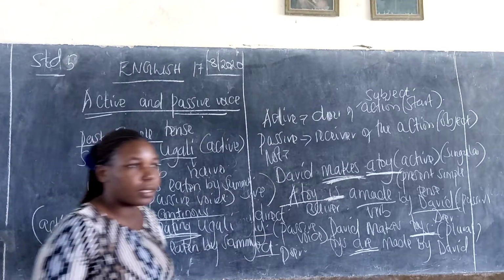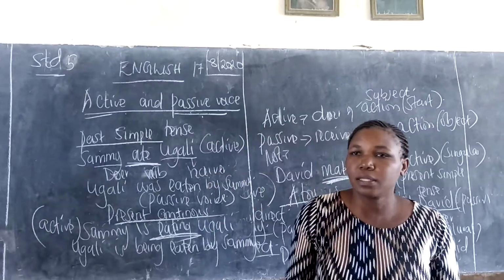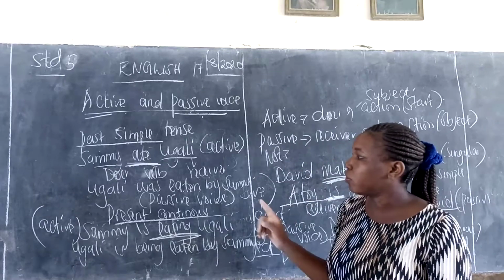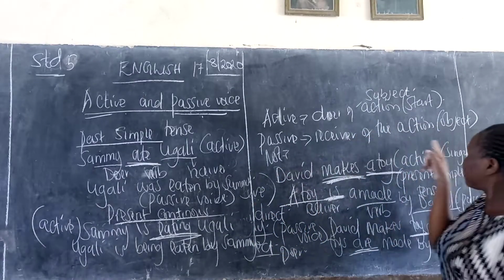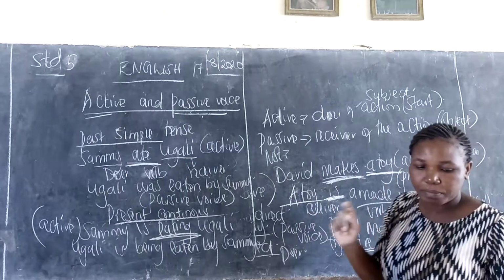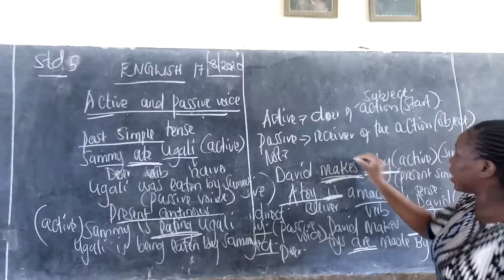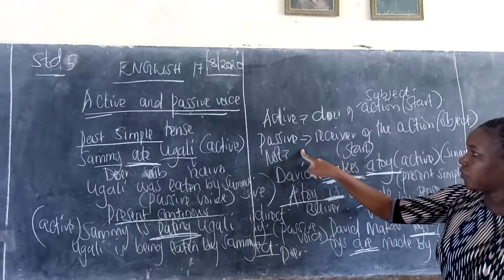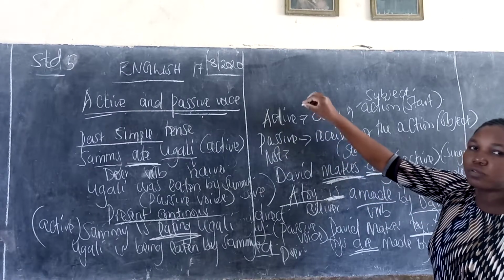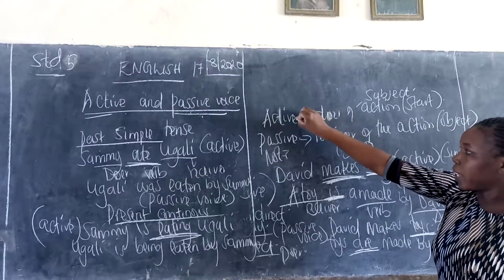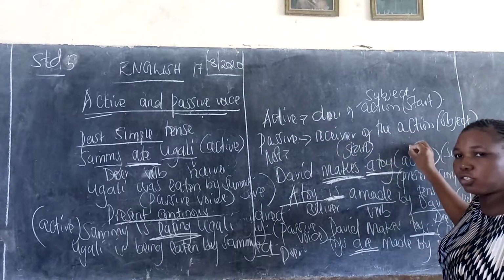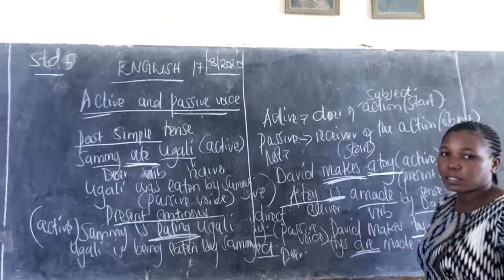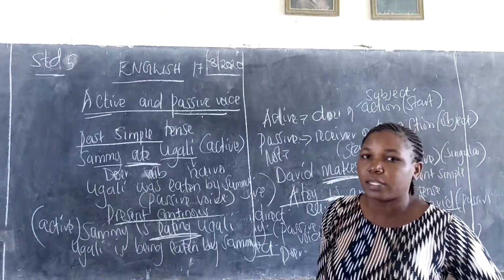But the most important thing here, when you are changing a sentence from active to passive, what you should remember is that the receiver of the action, which is the subject, always starts. It is always the one that starts the sentence.